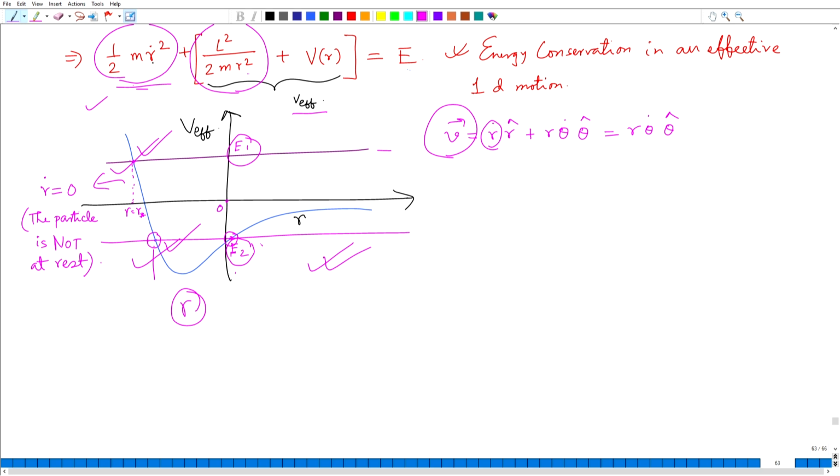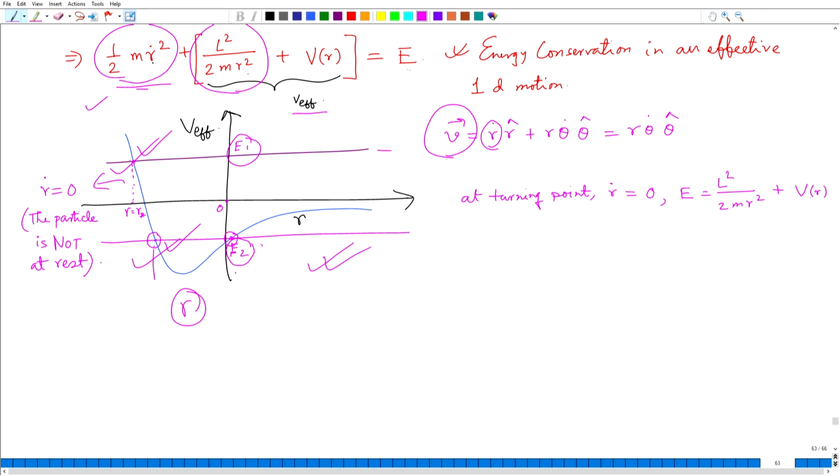Okay. Now, just to tell you how to calculate those turning points directly. So, we know that at the turning point r dot is equal to 0 and E is equal to L square by 2 m r square plus V, which is a function of r.